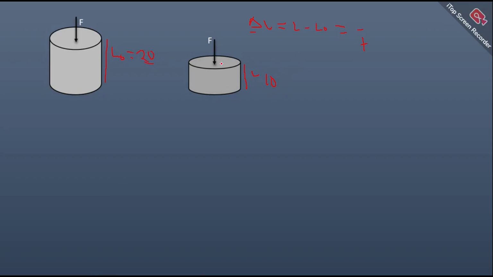But if we were stretching, the value we're going to get is positive. Now, considering the cylinder to be elastic, what do you think is going to happen when we remove the force from it? It will actually get back to its normal size.